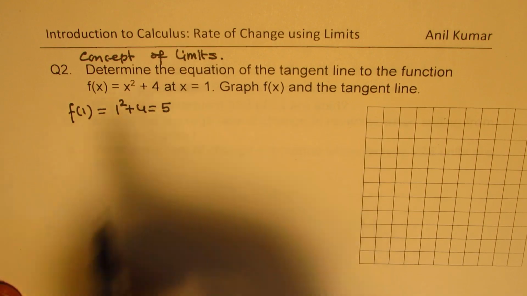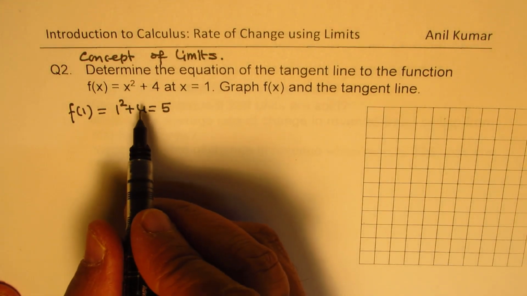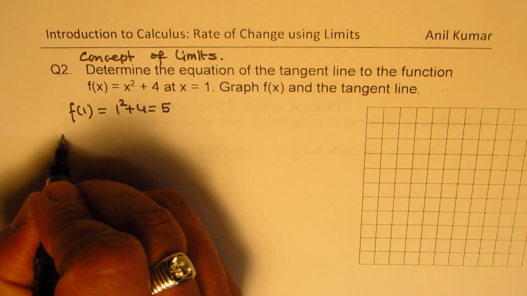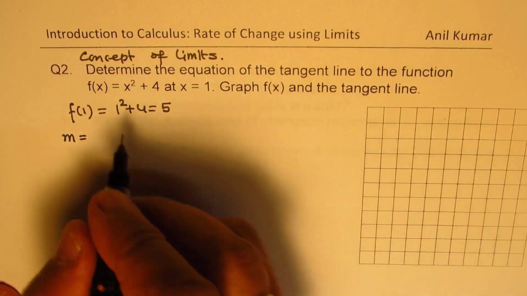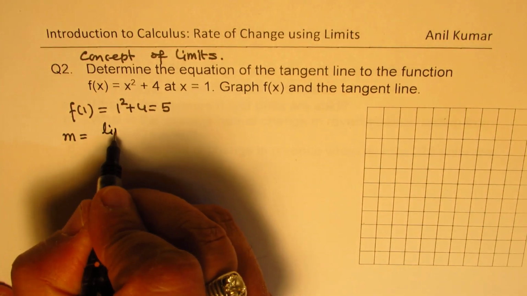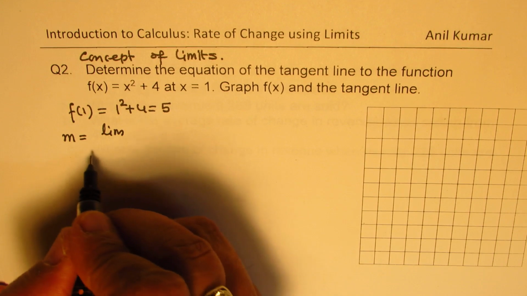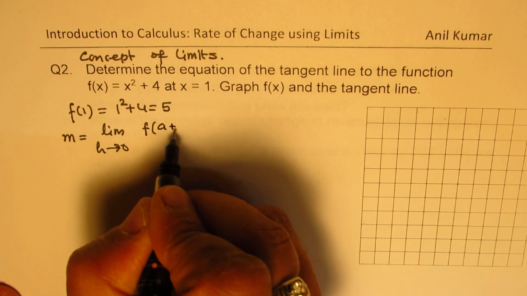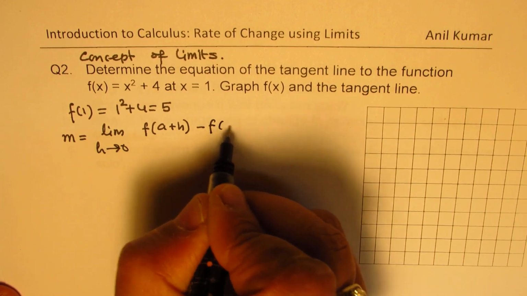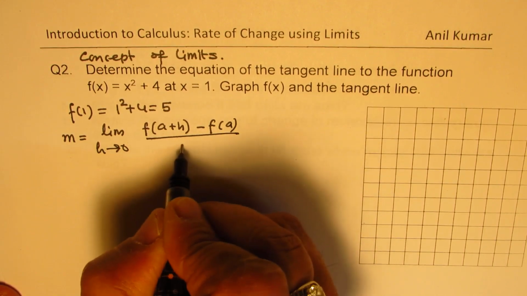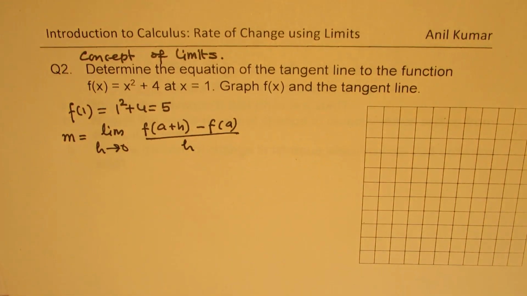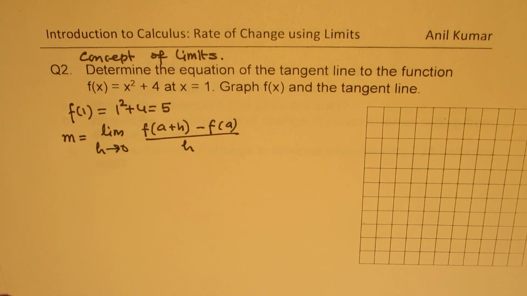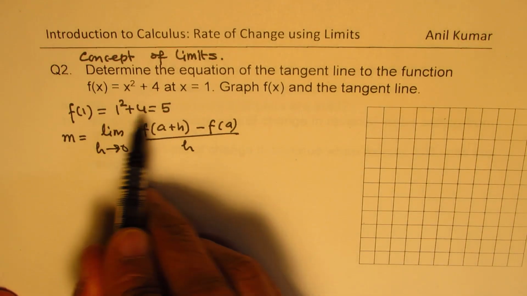Now, we need to find the slope, that is the rate of change, the instantaneous rate of change, as the limit when h approaches 0 of f of a plus h minus f of a over h, correct? So that is the concept. In our case, we are given a equal to 1.